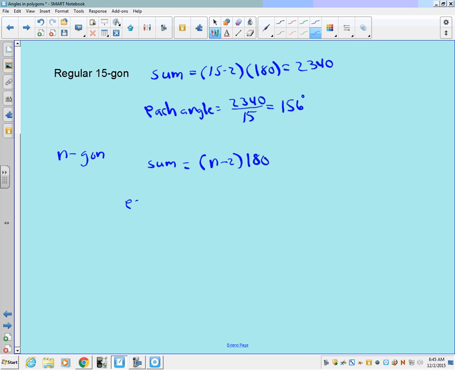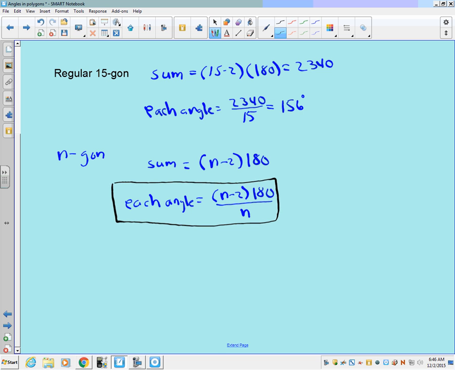And then each angle, we take the sum, which is n minus 2 times 180, and divide it by the number of sides, which happens to be n. So this represents a formula that we can use anytime to find the sum of the angles in our regular polygon, and then divide that by n to find out the size of each angle.